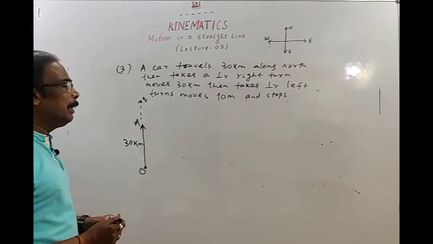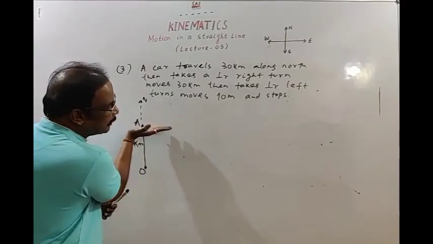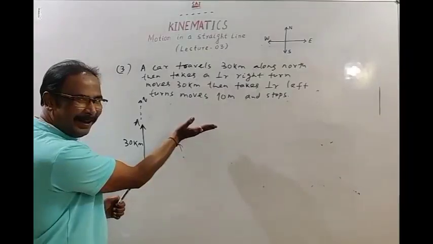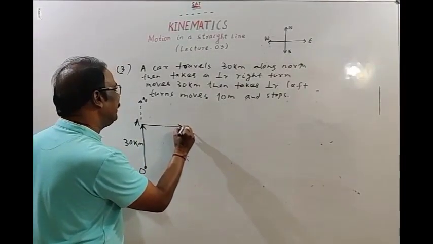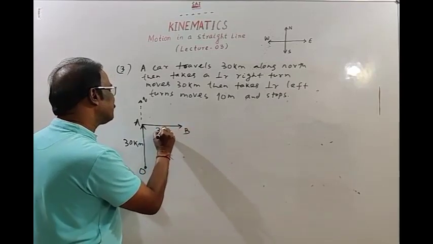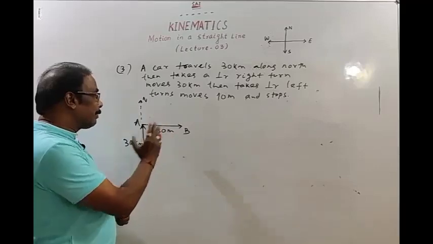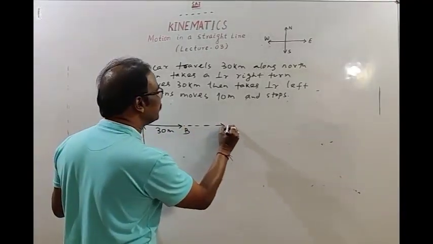Then it takes a perpendicular right turn. See, the car is traveling along north and takes a perpendicular right turn. This is the right hand, a perpendicular right turn. So let it move from A to B through a distance of 30 kilometers. See, if you take a perpendicular right turn while moving along north, then obviously this direction is towards east.